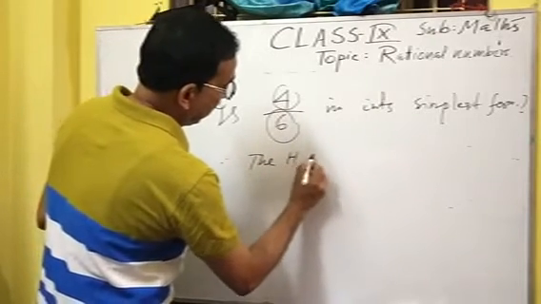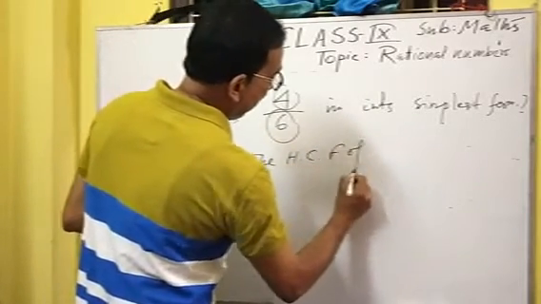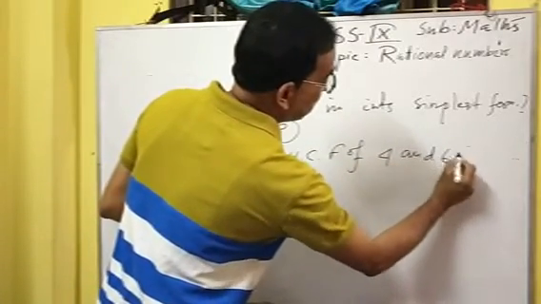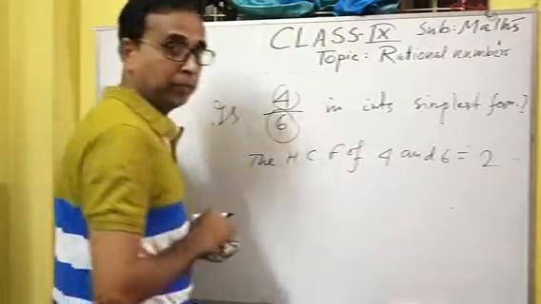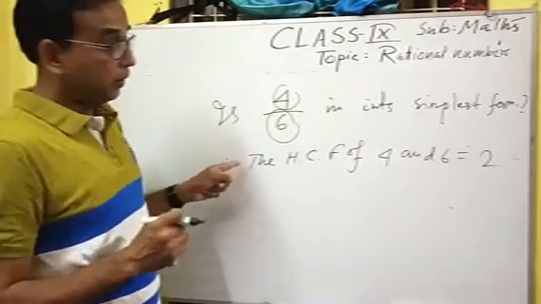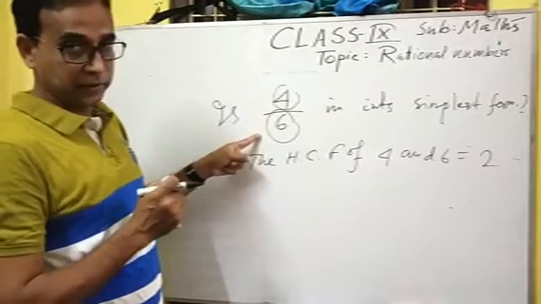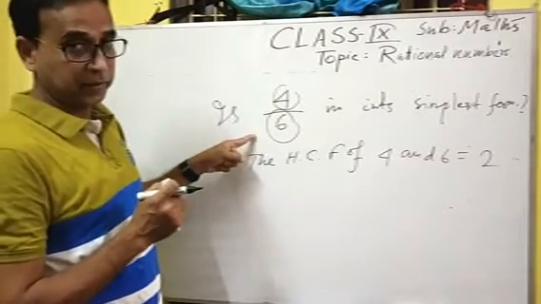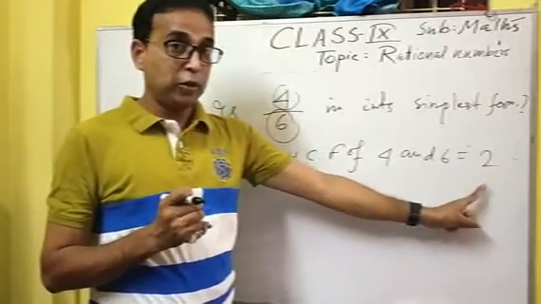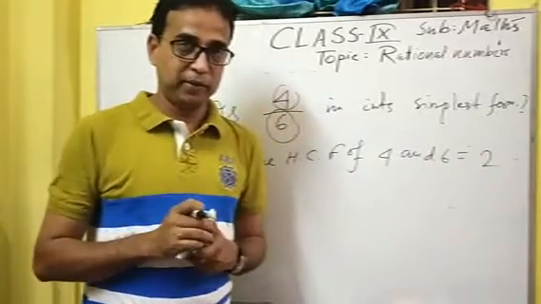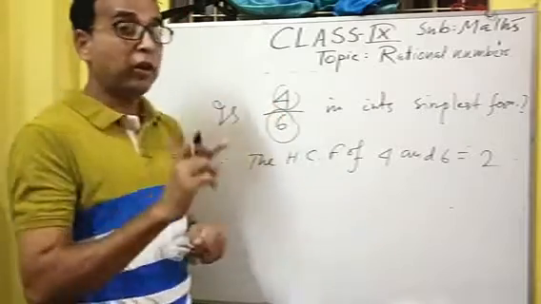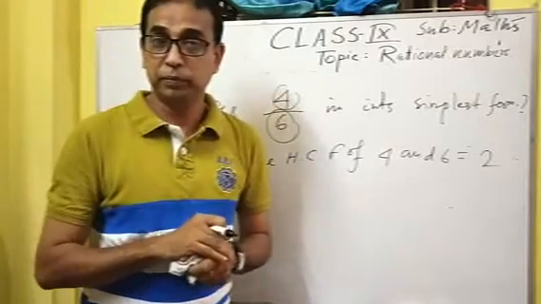The HCF of 4 and 6 is equal to 2. Since the numerator and denominator, 4 and 6, have a common factor 2 other than 1, we can say that 4 by 6 is not in its simplest form.